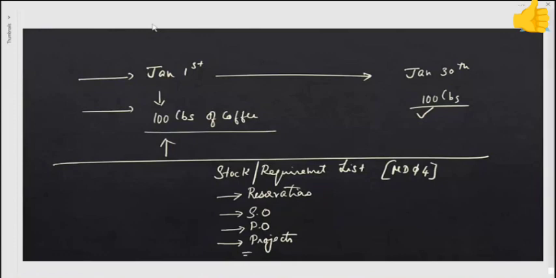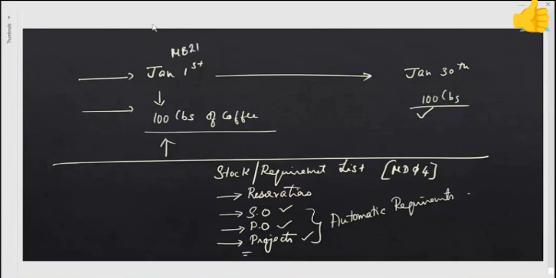And like I said, requirements for sales orders, production orders, projects are typically created automatically. So that reservation is created automatically. So these are examples of automatic requirements. And you cannot change automatic requirements. You cannot go to MD04 or you cannot go to MB22 and change. So this is MB21.